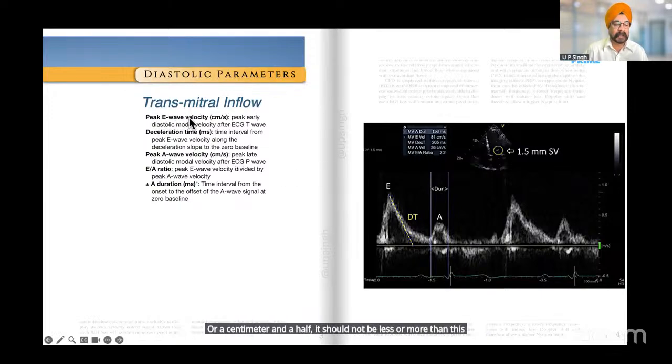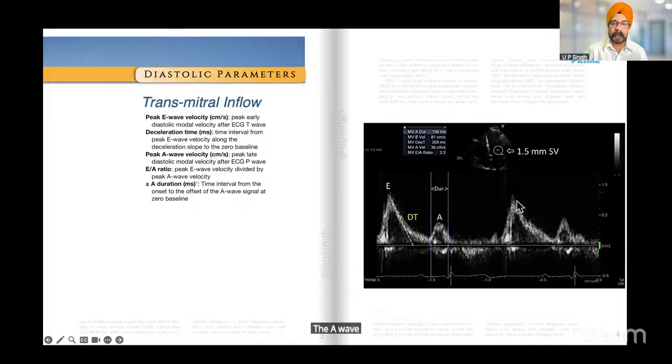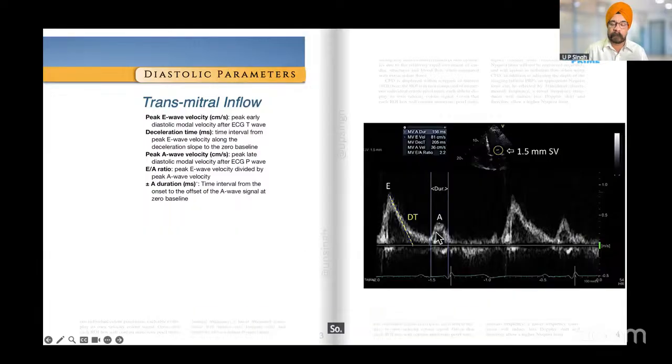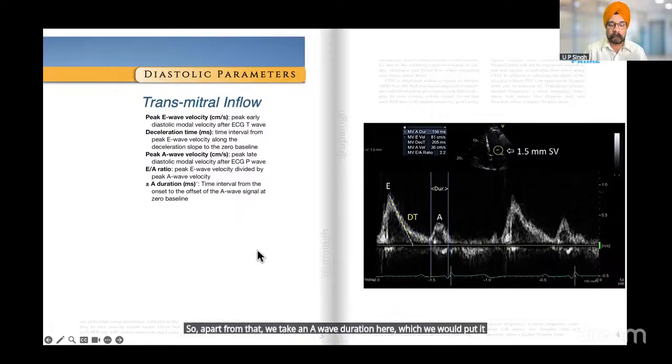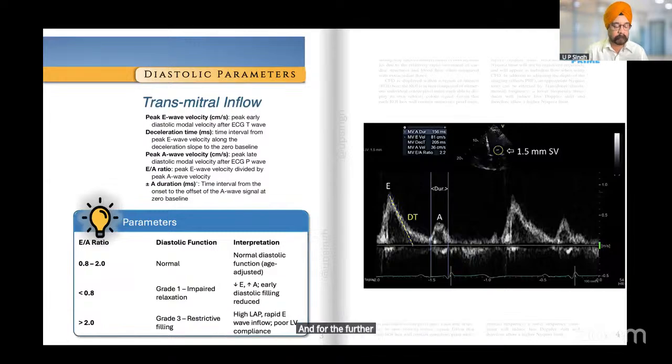Ideally, the peak E velocity is taken, the deceleration time is taken, the A wave is taken, and mind you, all this is taken on a modal velocity, which means the chin, not the beard, which we have discussed a number of times. Apart from that, we take an A wave duration here, which we compare with the duration of the pulmonary A wave for further interpretation.